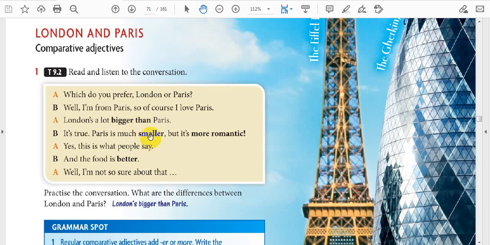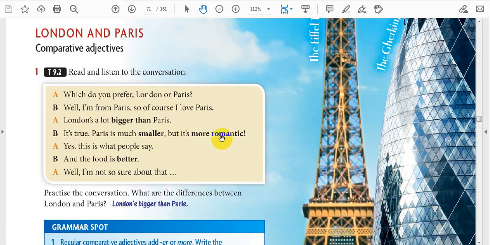And we have here that small comes at the end of the word with a vowel E. So just add R to the end of the adjective to become smaller.